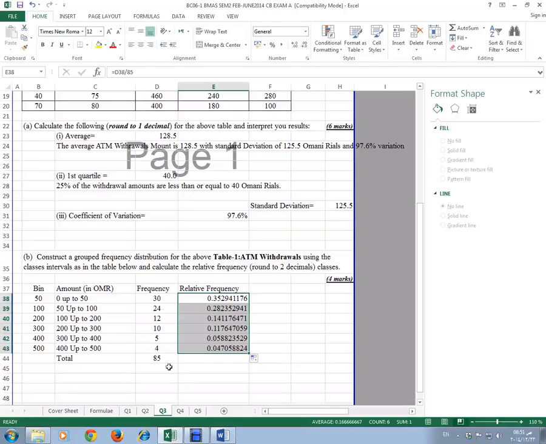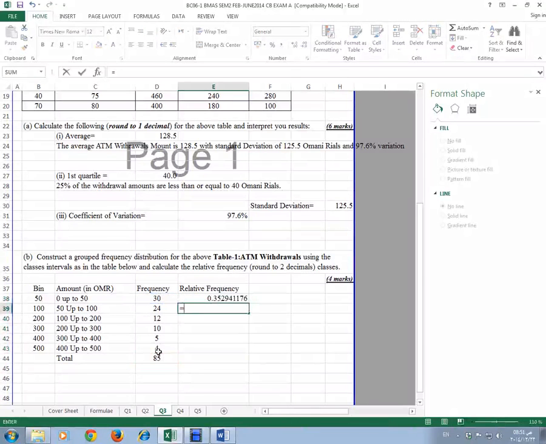Make 30 divided by 85 equal, then 24 divided by 85 equal, 12 divided by 85 equal, 10 divided by 85 equal, 5 divided by 85 equal, 4 divided by 85.